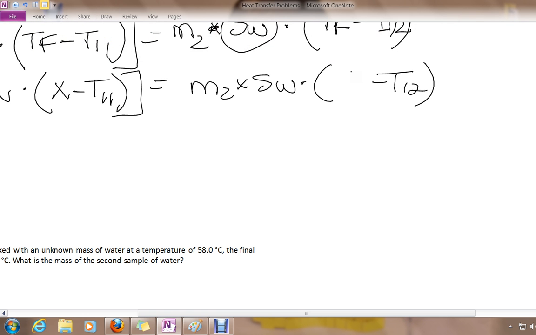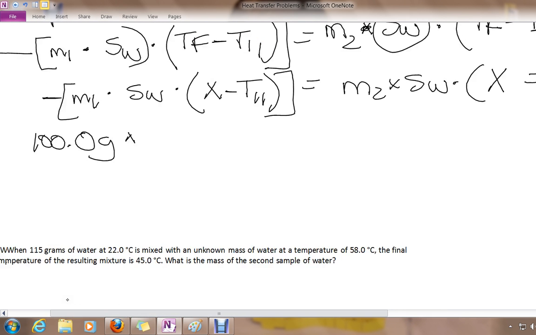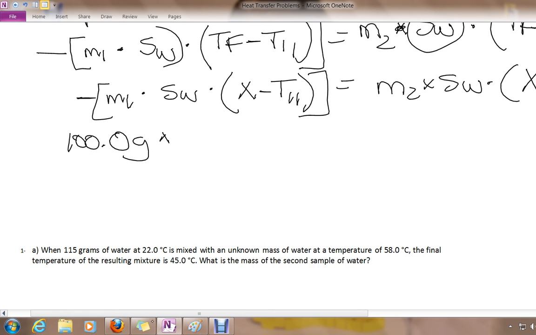Period. But it has to be the same on both systems, water and water. So you divide everything by the specific heat of water.